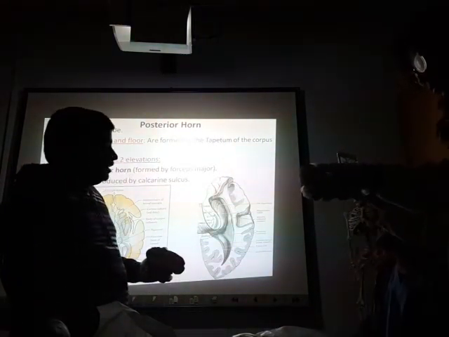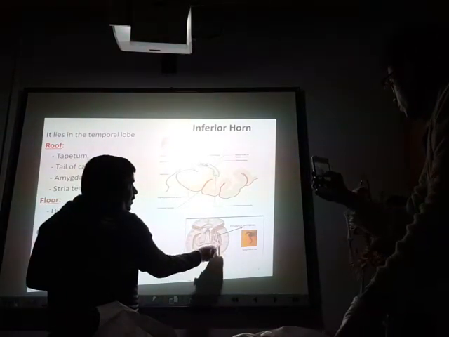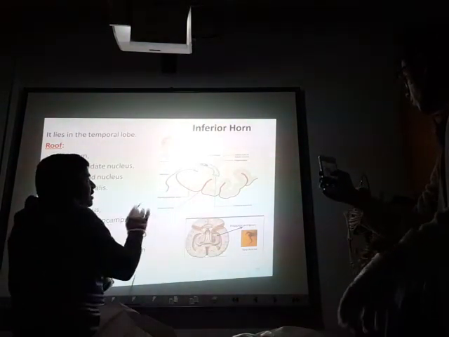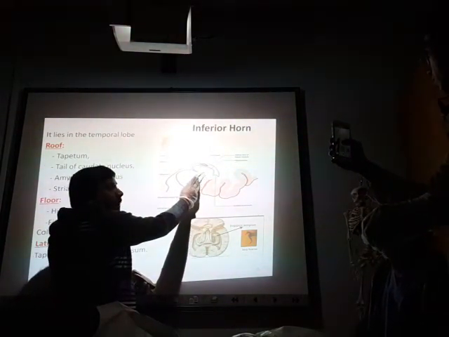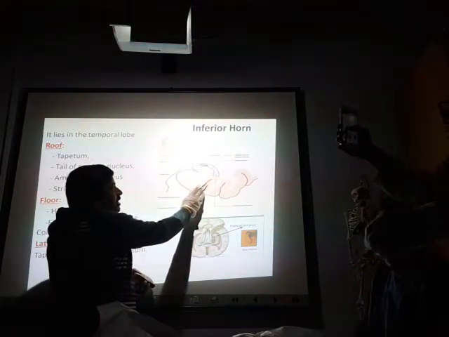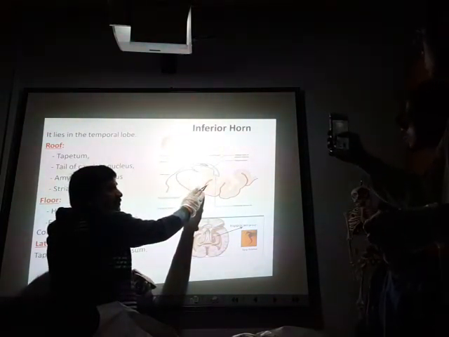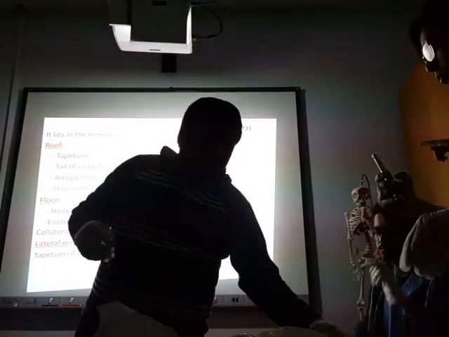When you go to the inferior horn, it is in the temporal lobe. So again the same: one bulging from the hippocampus, the hippocampal, parahippocampal gyrus, and one bulging by the collateral sulcus. You had the collateral sulcus, right? On the inferior side, this is the collateral sulcus.